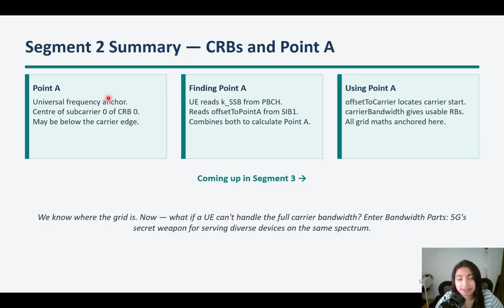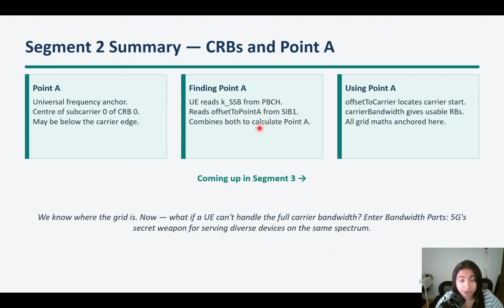Okay, now let us recap part 2. Point A is the universal frequency anchor. Point A is the center of subcarrier 0 of common resource block 0. The UE finds point A by combining two parameters. One is KSSB, which is obtained from PBCH, and the other is offset to point A, which is obtained from SIB1.